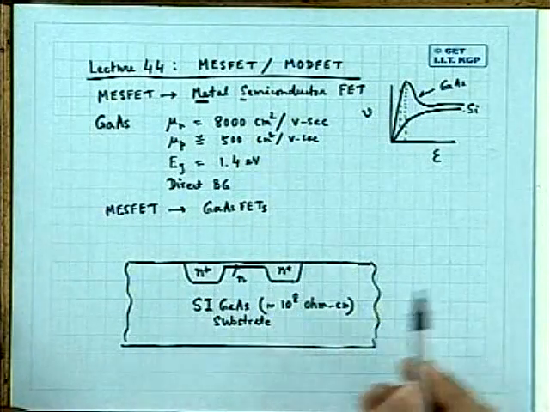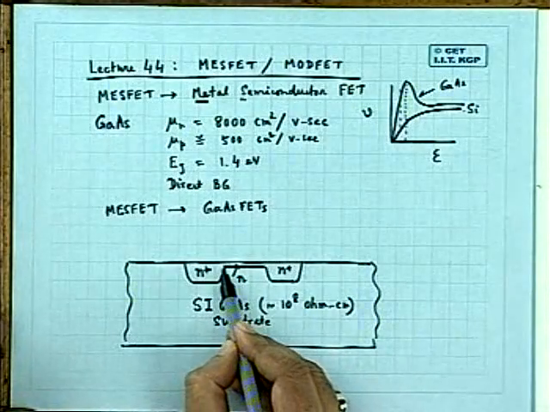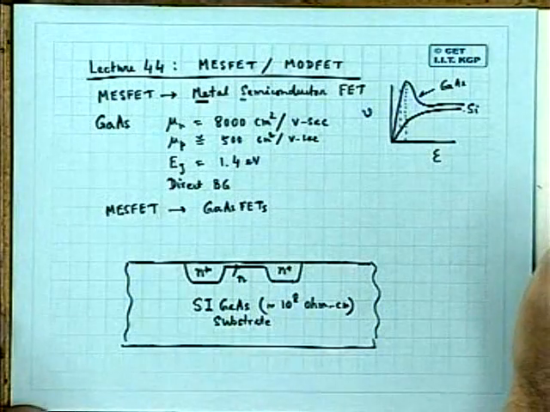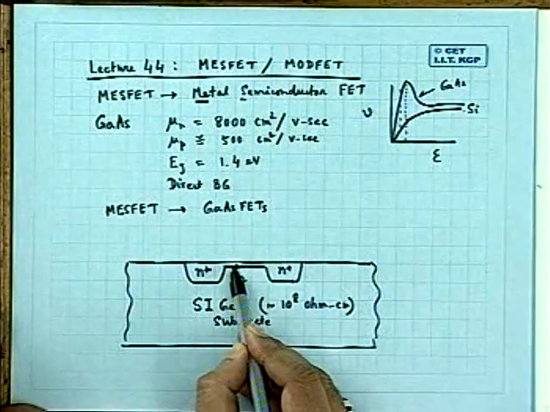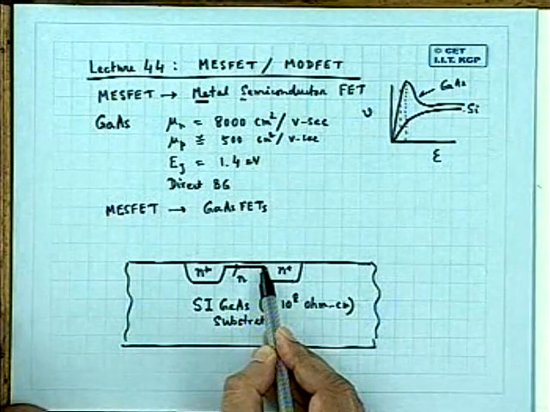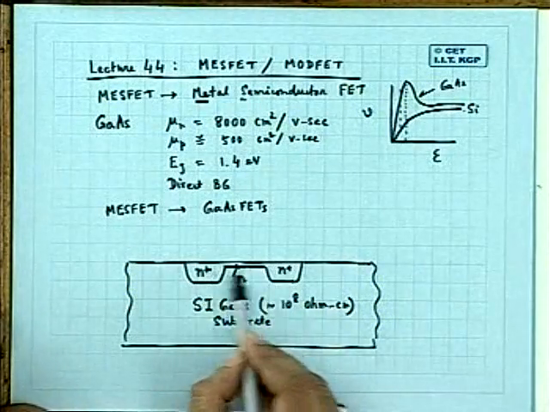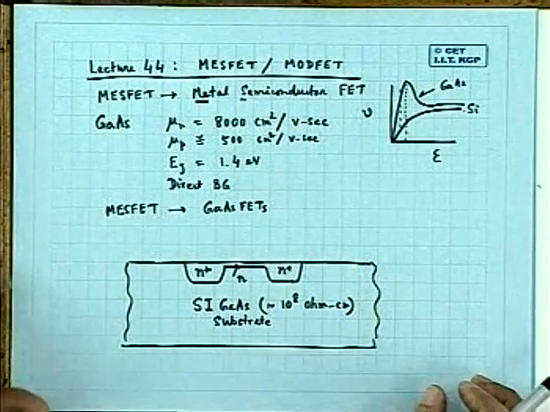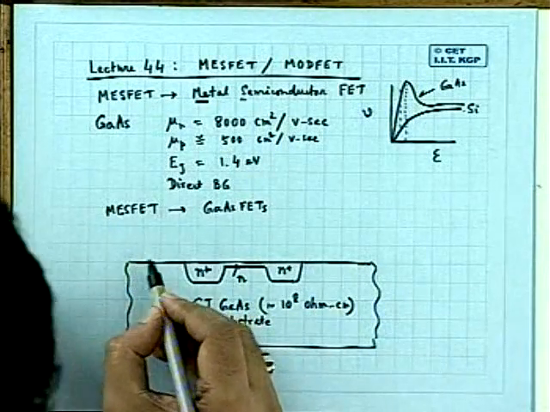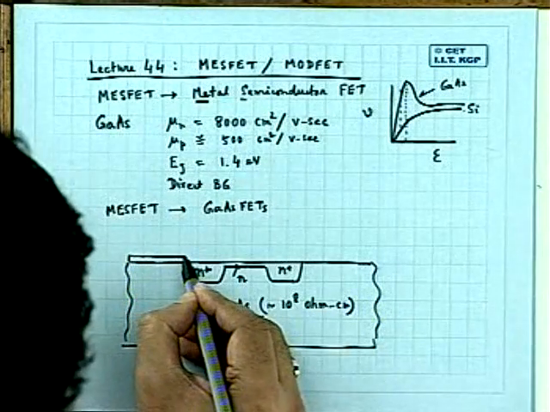These are very heavy dose implantations at higher energy, whereas in this region you have a very light implant at a low energy. So that you have an N-type layer of relatively low conductivity here, and on either side you have very heavily doped regions. Then there are many things you can do. People normally use silicon nitride.